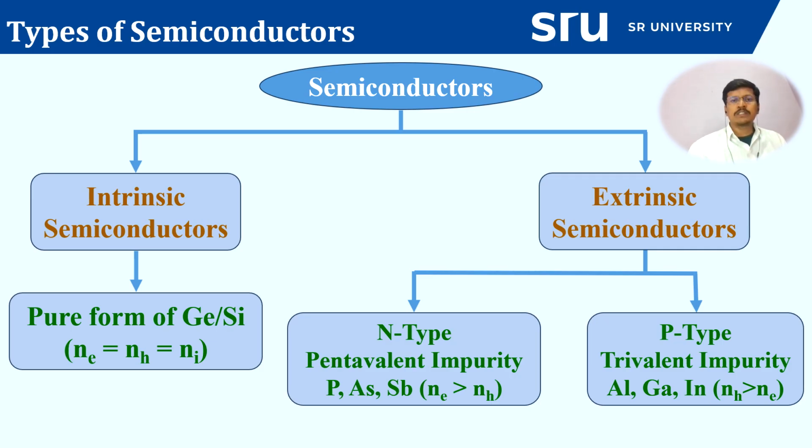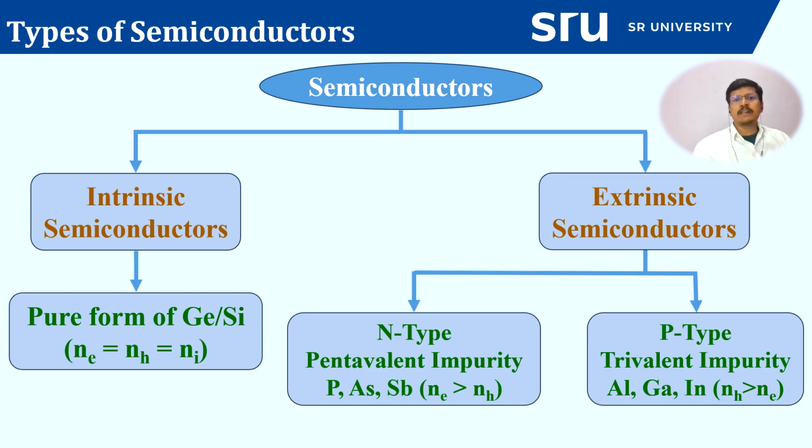Let us discuss the N-type semiconductor. In N-type semiconductors, the pentavalent impurities such as phosphorus, arsenic, or antimony are added.